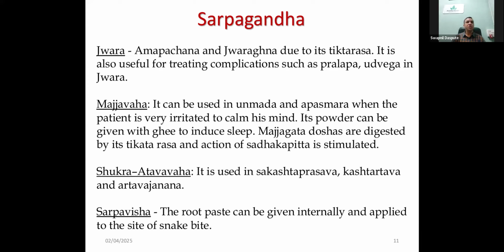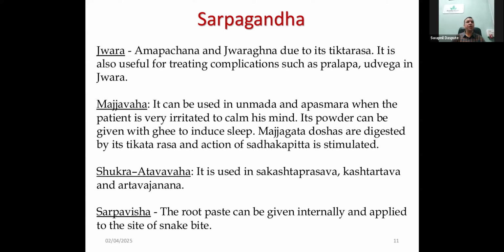In Shukra and Artava Srotas, it is used in Sakashta Prasava. We have seen Kashta Prasava in one of the previous herbs. Sakashta Prasava is a similar, synonymous word, which is difficulty in labor. In that case, Sarpagandha can be used.